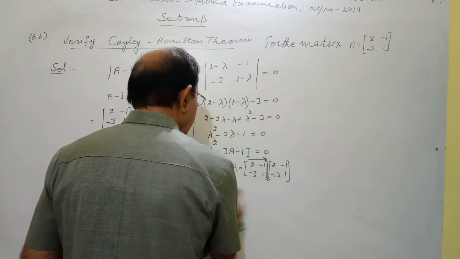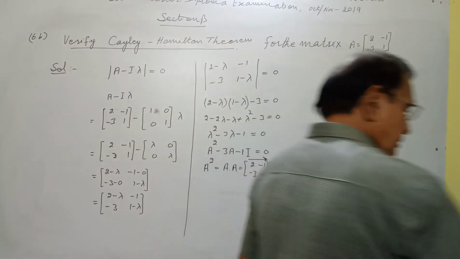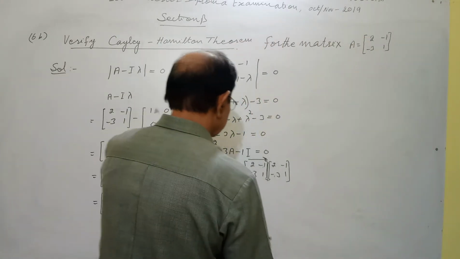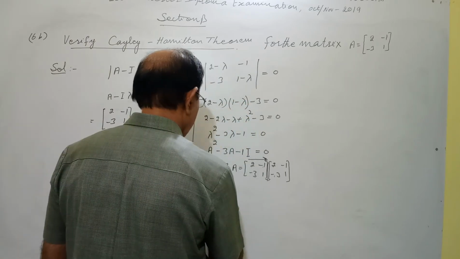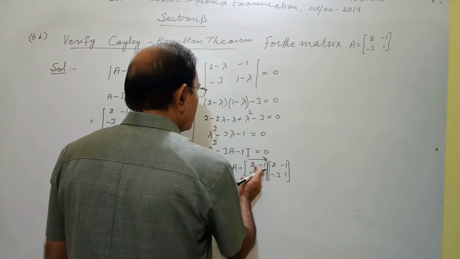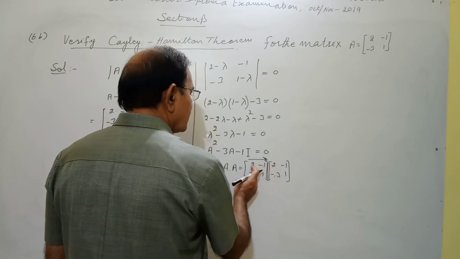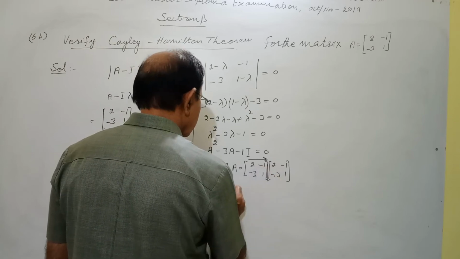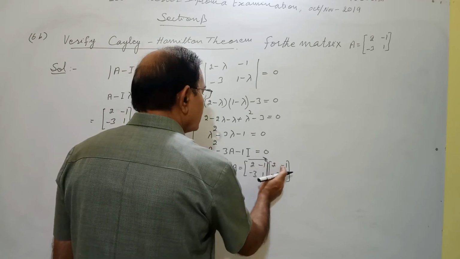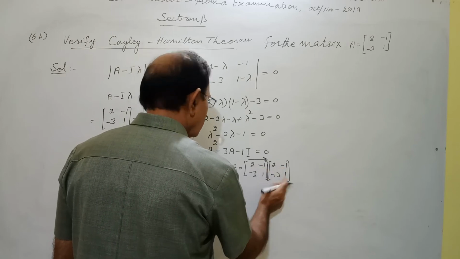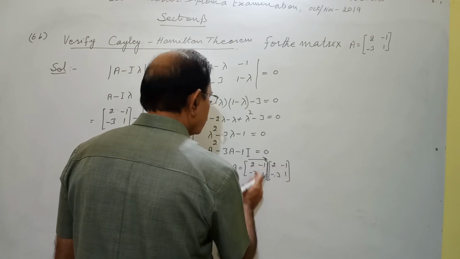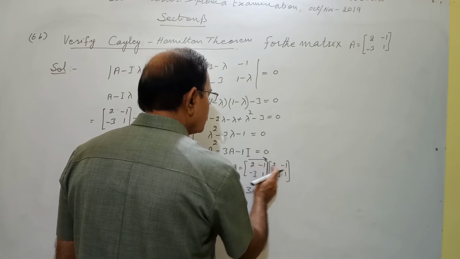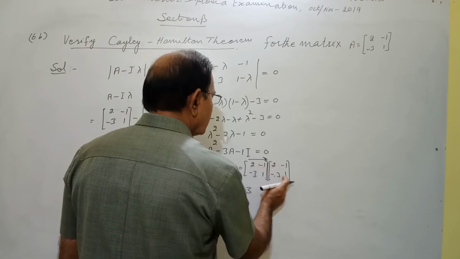That is A square, A into A equals... 2 2s are 4. Here, row, then column. 4 plus 3, 7, minus 2, minus 1, minus 3. 2 into minus 1, 2 into minus 1 minus 2, minus 1 into 1, 1.